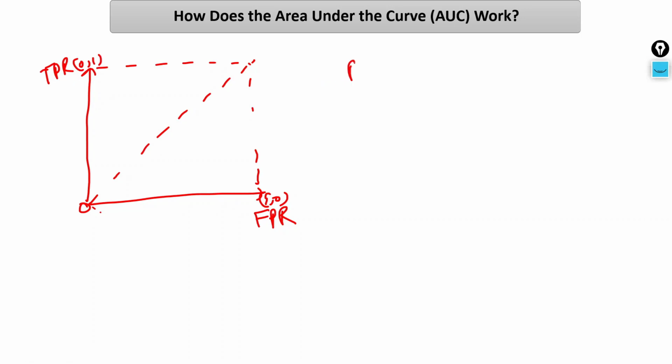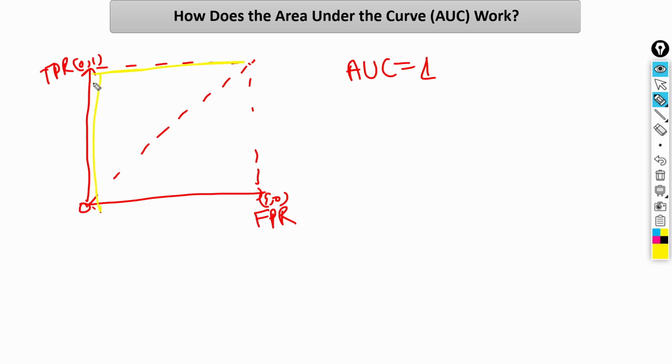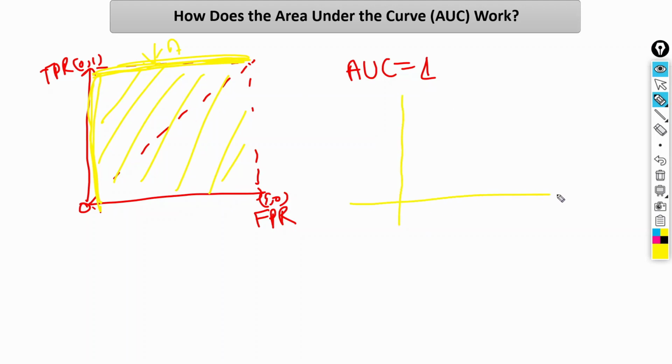So when will I get AUC equal to 1? This particular area, as we have discussed earlier. This would be your AUC ROC curve, and this particular area would be AUC equal to 1. So in that case my distribution would be like this for the positive and negative classes.